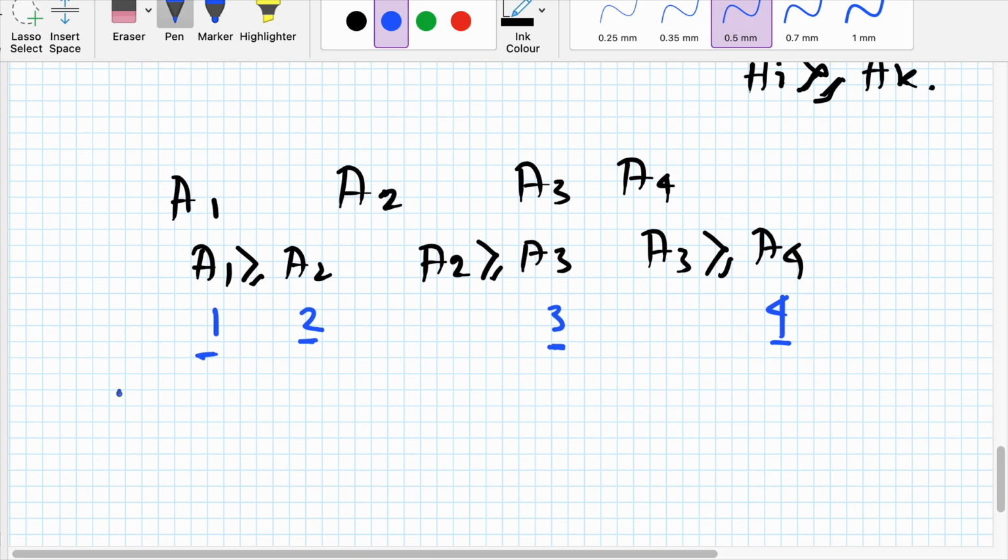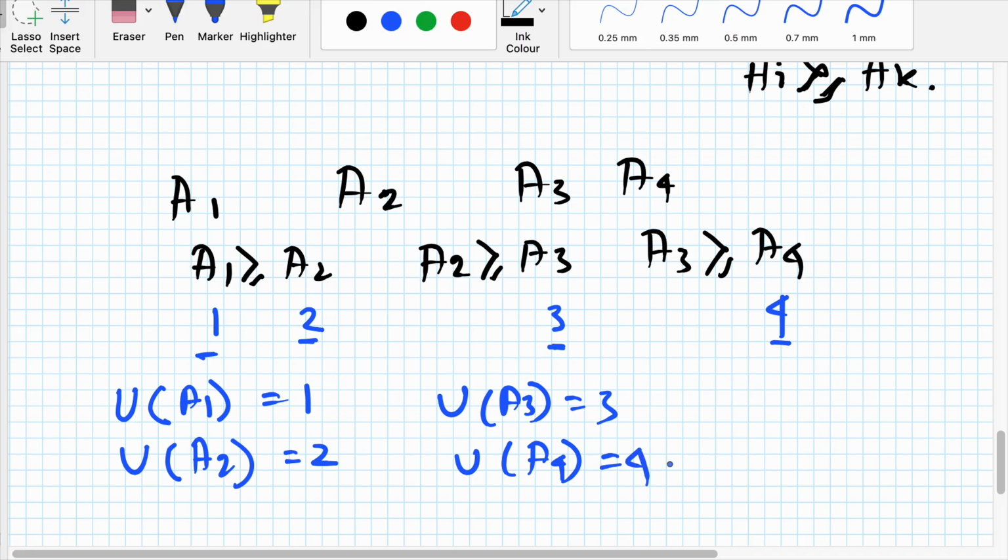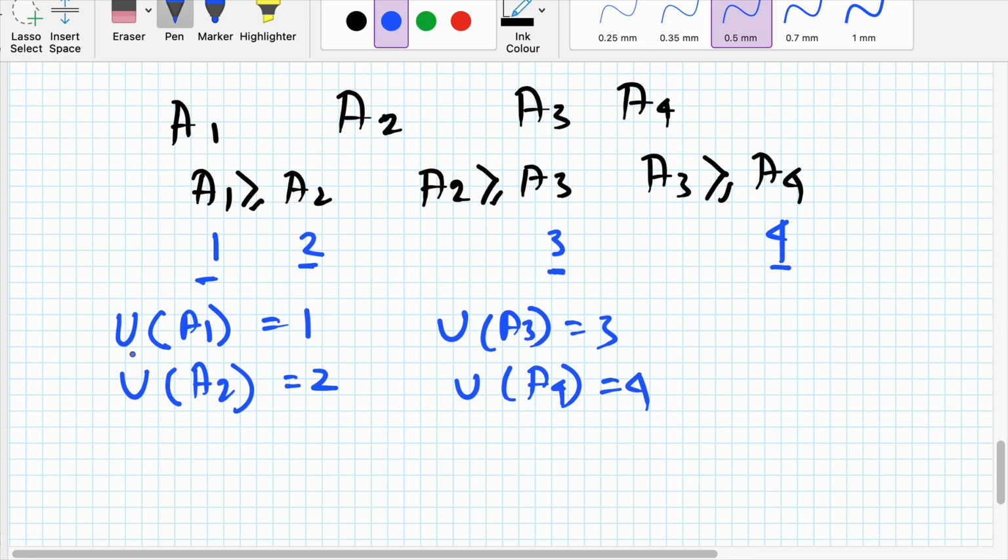If I say the utility of A1 is 1, utility of A2 is 2, utility of A3 is 3, utility of A4 is 4, in the reverse order, let me do the reverse order.